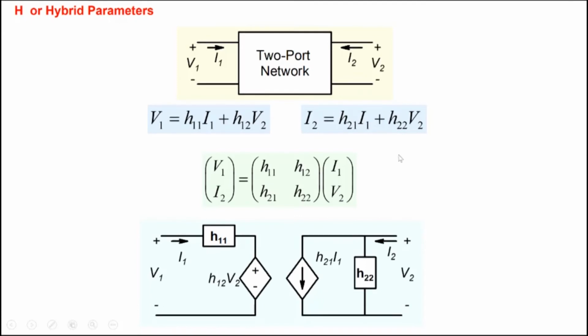And I2 is being represented as the sum of two components. So it's a parallel network here. In the parallel network, the H22 V2 is fine. And this part, we have to represent as a current dependent current source here. So H21 I1 is a current component, and it depends on I1 current flowing here. So that's where we represent it in this particular form. So these are hybrid parameters. The importance of hybrid parameters is that these are commonly used to represent transistors.